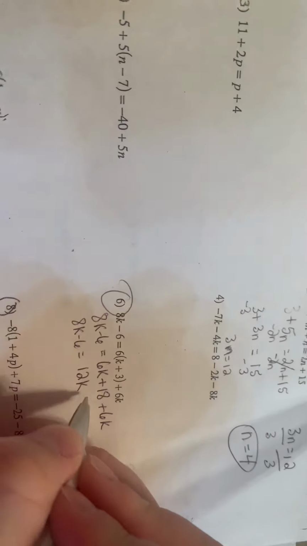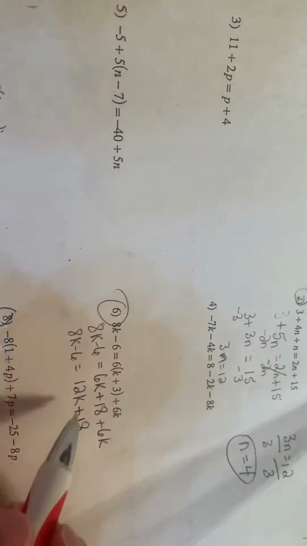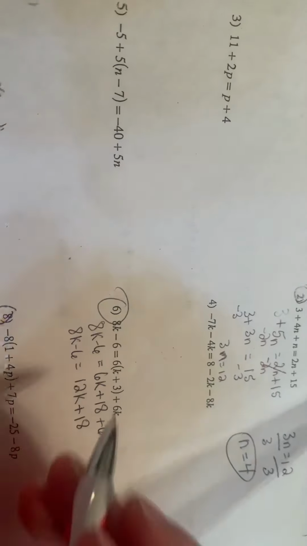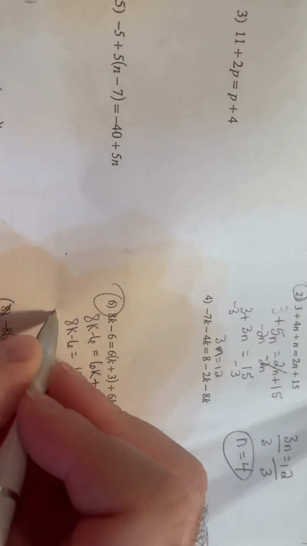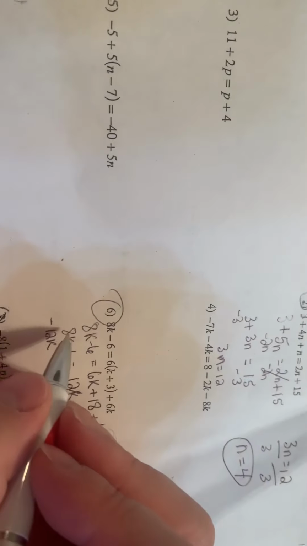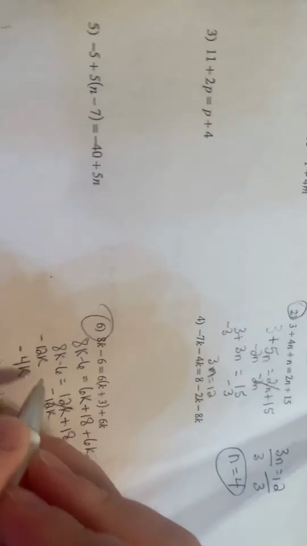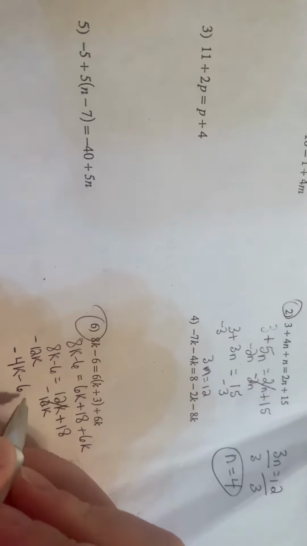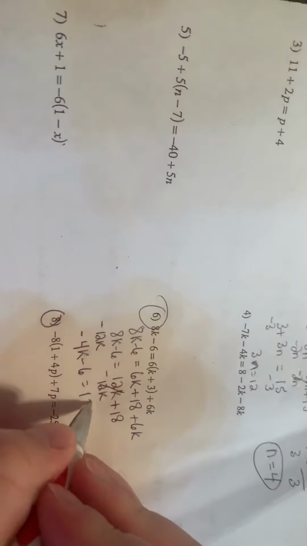That's 12k. Okay. Now we can't combine anything, so we got to start moving. So let's move the 12k. Okay, so they cancel out. 8 minus 12 is negative 4k. Okay, and I didn't do anything to the 6. And then over here, all you're left with is 18.